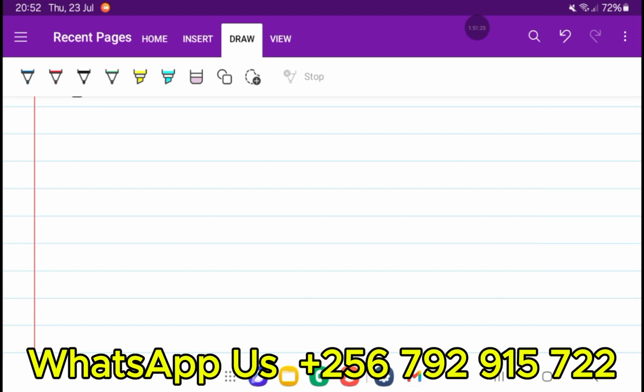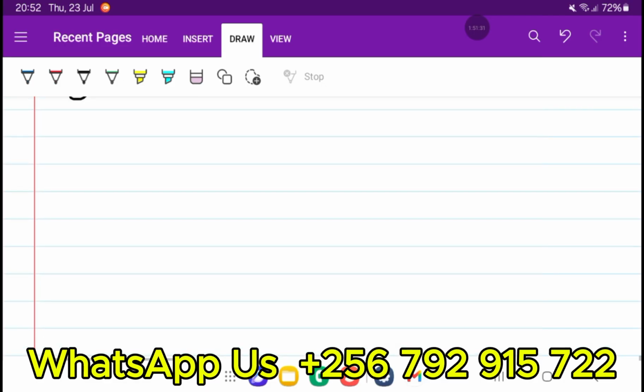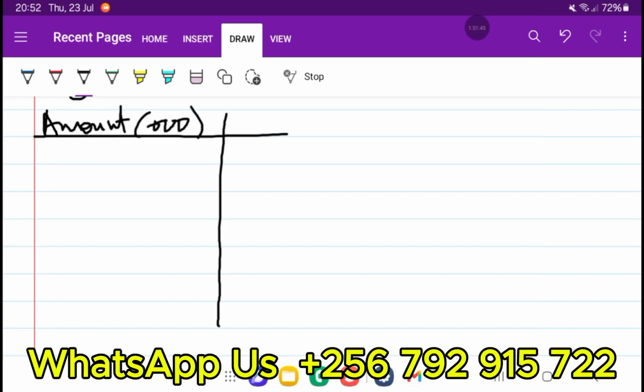The table shows the expenditure. These amounts are in thousands, of course, UGX, Ugandan currency. Then we have the frequency.